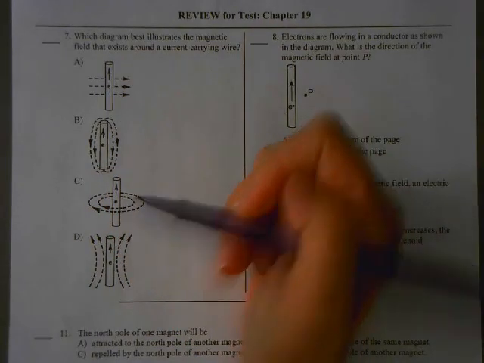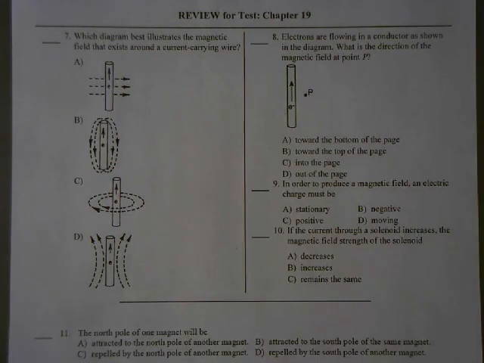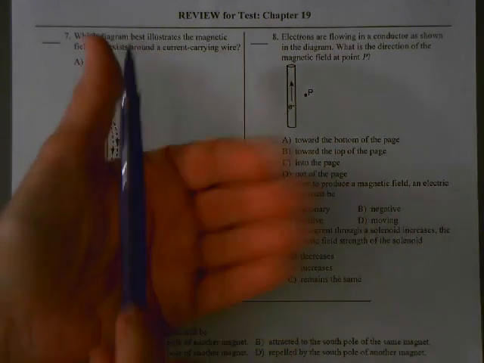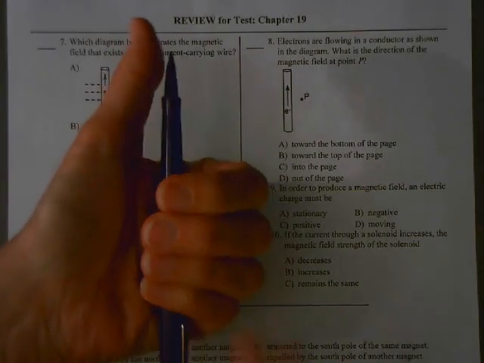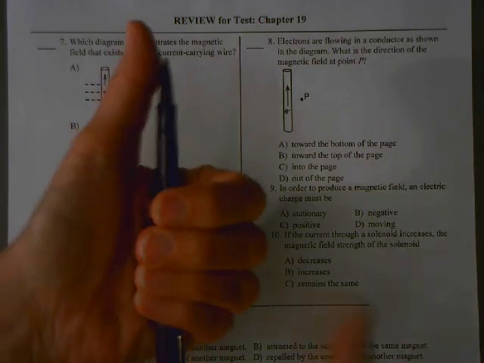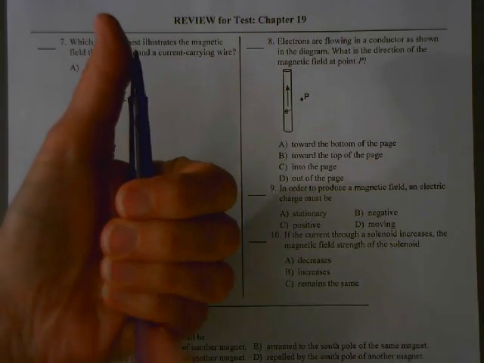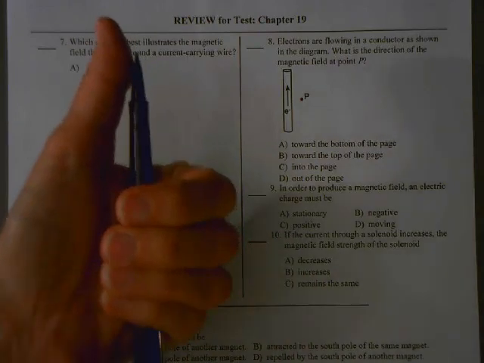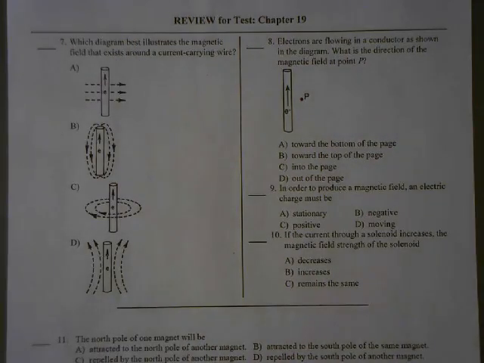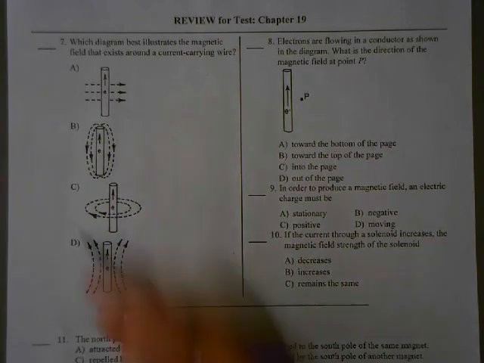If they told us it was conventional current, we use our right hand. But because it's electrons, we're going to use our left hand. The thumb is going to go in the direction of the electron. So here my thumb is going up. And which way are my fingers going? My fingers are wrapping around my pen this way. So that's why I know the answer is C.